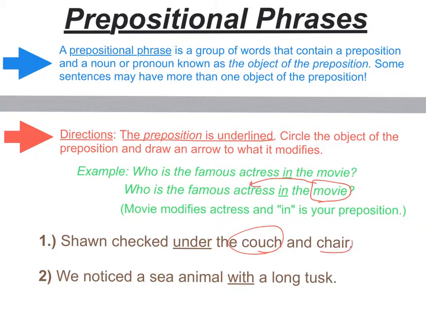Couch and chair modify checked. They are the object of the prepositional phrase. Number 2. We notice the sea animal with a long tusk. Tusk modifies animal, and tusk is the object of the prepositional phrase, which is "with a long tusk."